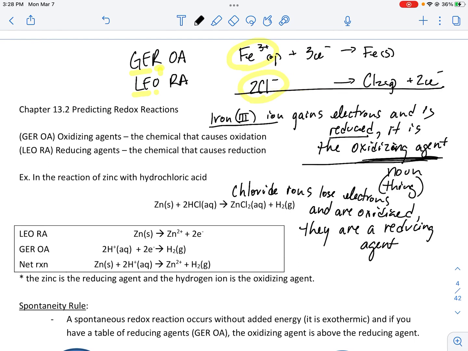Here, because my iron is gaining electrons, it can cause the chloride to lose electrons. So the iron 3 is gaining electrons, it is reduced, but it causes the oxidation, so the iron 3 is the oxidizing agent. Whereas chloride loses electrons and is oxidized, but it allows iron to be reduced, so it is the reducing agent. We're going to refer to chemicals as either oxidizing agents or reducing agents, and it's always going to be GER OA, LEO RA.